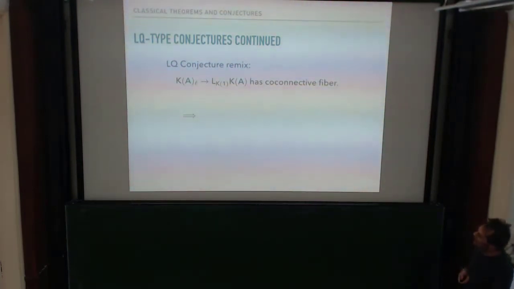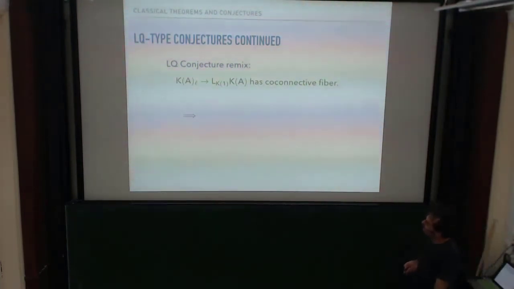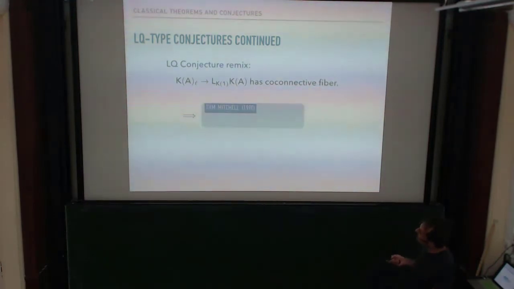If you just knew that result, you could get something kind of remarkable, which Mitchell proved in 1990 by different methods, that these K(n) localizations of the algebraic K-theory of A vanish for all n greater or equal to 2.